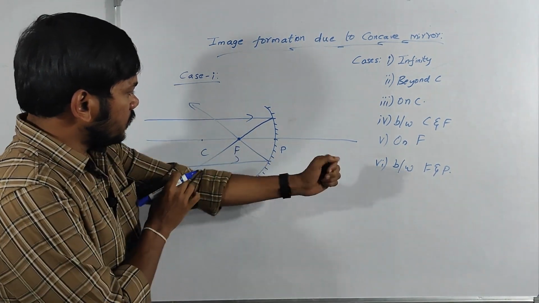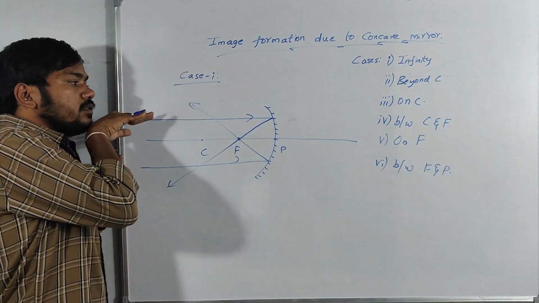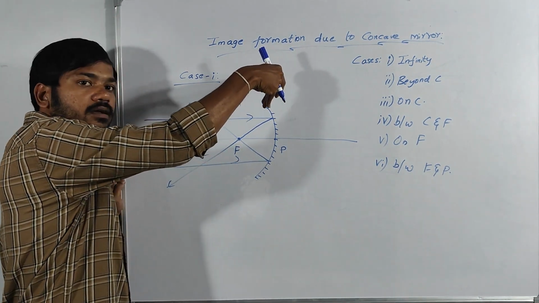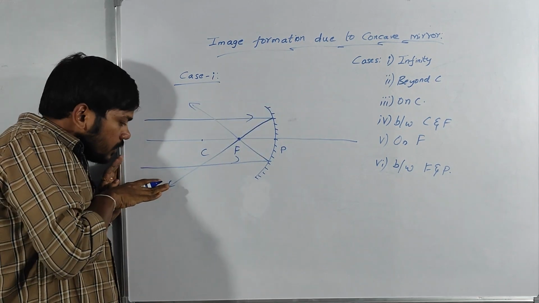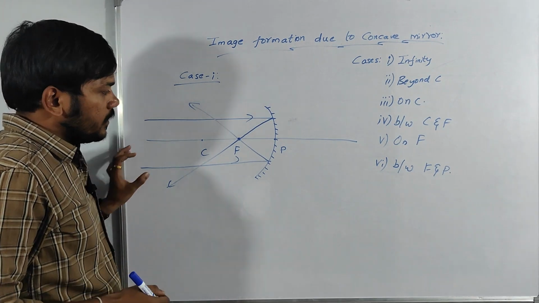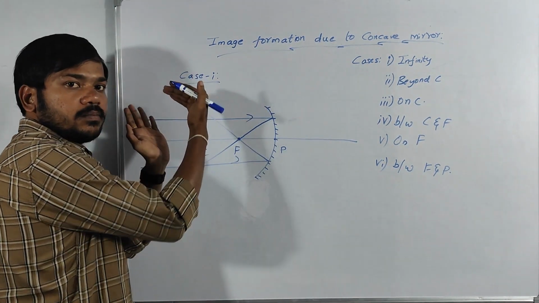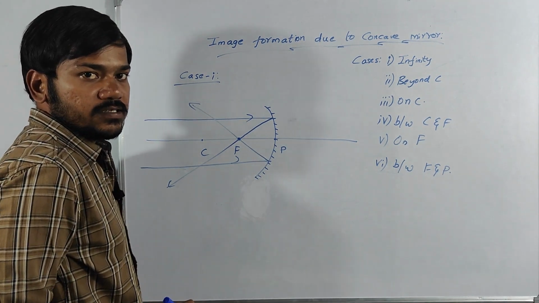Now these reflected rays are meeting at focus, and the ray coming from the head after reflection is coming down, and the ray coming from the tail after reflection is going up, and hence head is coming down, tail is going up, an inverted image is formed.